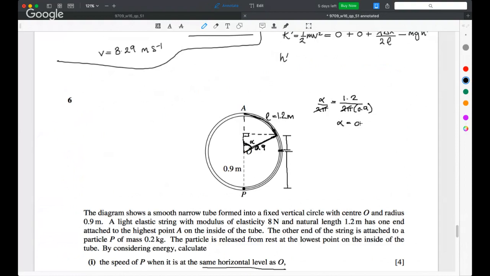Alpha is 1.2 over 0.9, which is 4/3 of a radian. So now we can work out what this bit of the height is. We know that this is 0.9, and this little extra bit of height is going to be 0.9 cosine alpha. So that gives us that h prime is 0.9 cosine alpha plus 1. So now we have everything we need to solve this equation for V.